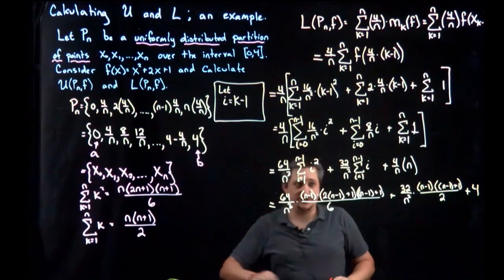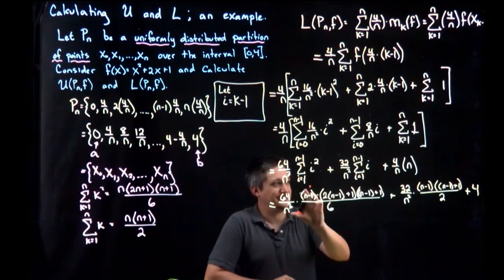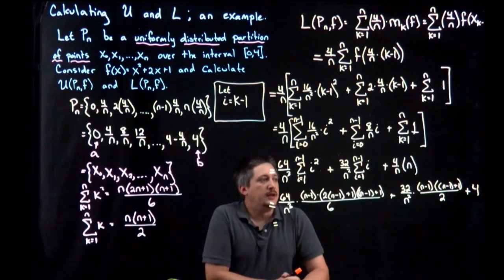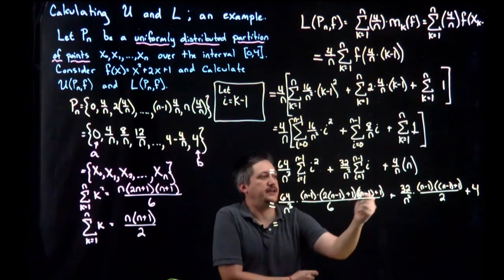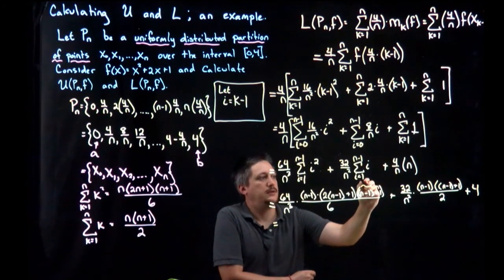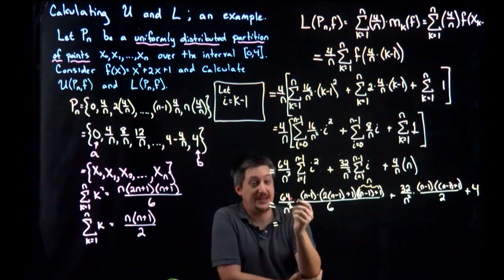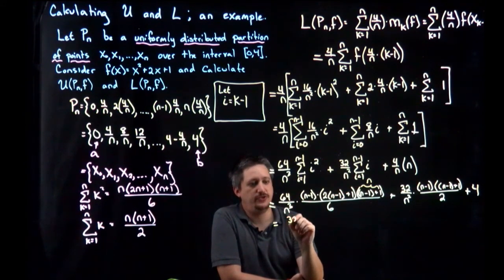Now it really would be good to clean this up, because it's a mess. So this is going to be n, because I have n minus 1 plus 1. So I can cancel an n and an n, a 2 and a 2. Again, I'm going to have 32.